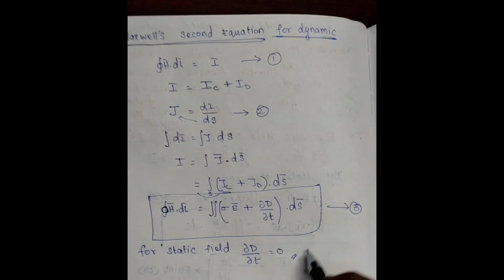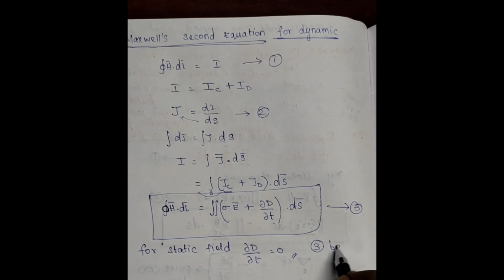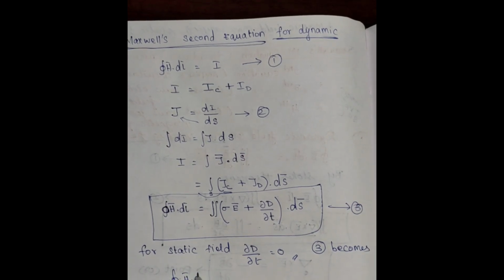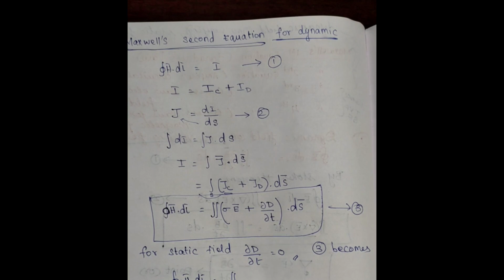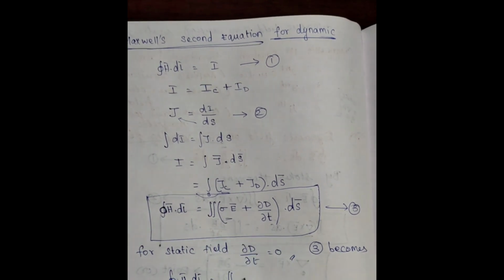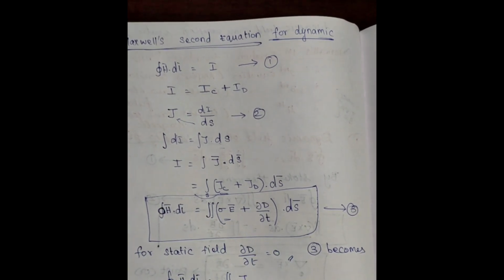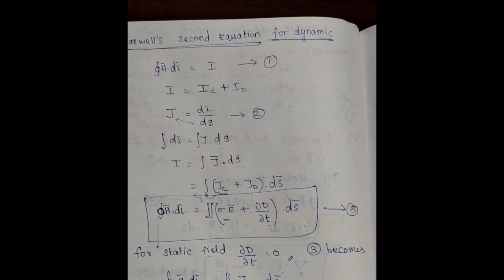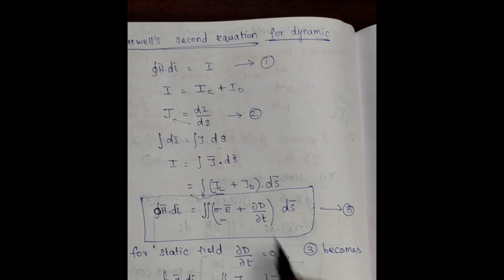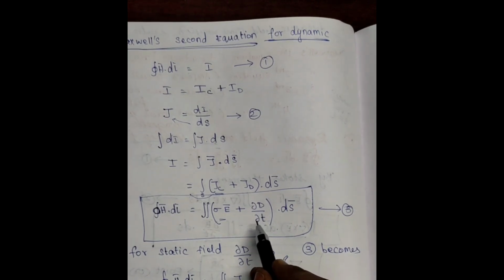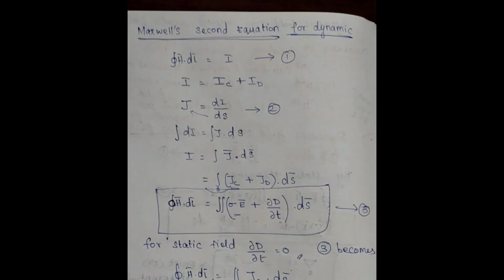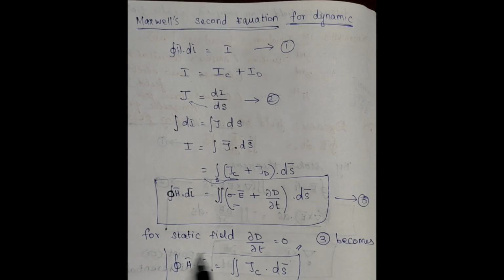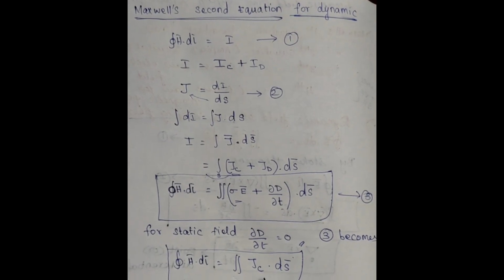So equation 3 becomes the line integral of H vector dot dl vector equal to the surface integral of Jc dot ds. That's all. The value of this term is 0 for static field, because the time element comes here, and we neglect that for static field. So this is the integral form of Maxwell's second equation derived from Ampere's circuital law for static field.